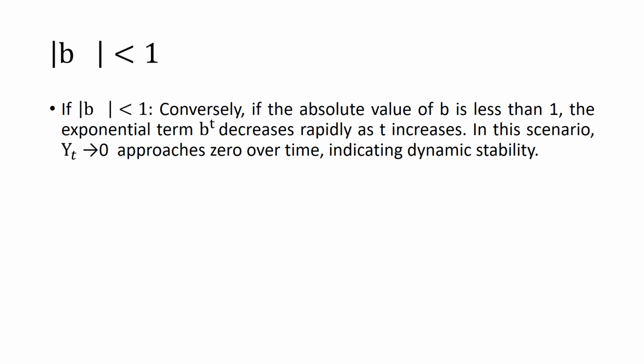What happens if the absolute value of b is less than 1? Conversely, if the absolute value of b is less than 1, the exponential term b to the power t decreases rapidly as t increases. In this scenario, yt approaches 0 over time, indicating dynamic stability.